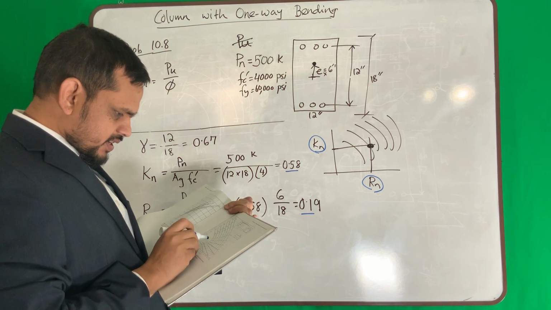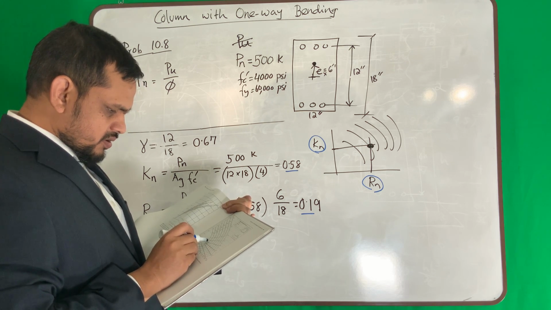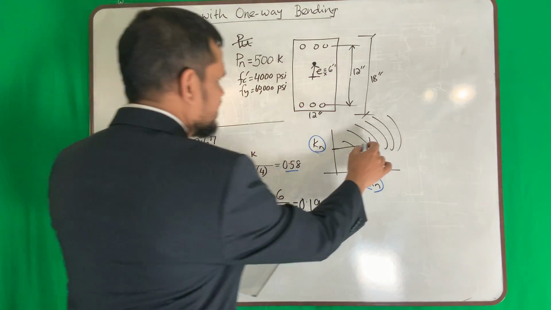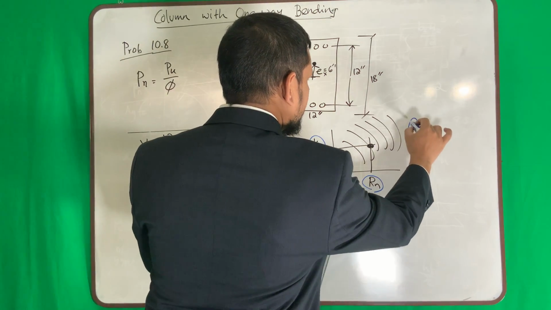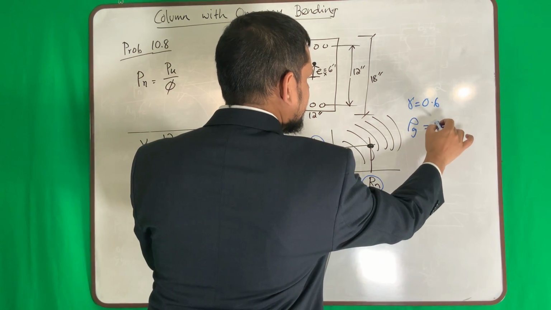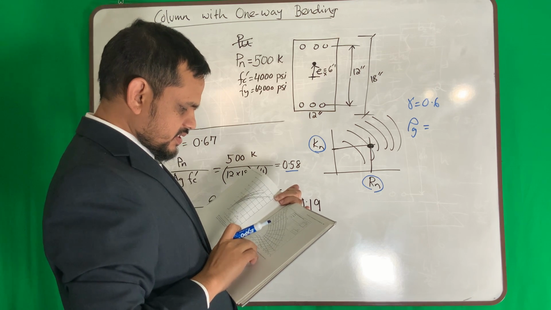So 0.6 is here. So 1, 2, 3. I am getting a value, when gamma is 0.6, I am getting rho g slightly over 3%.